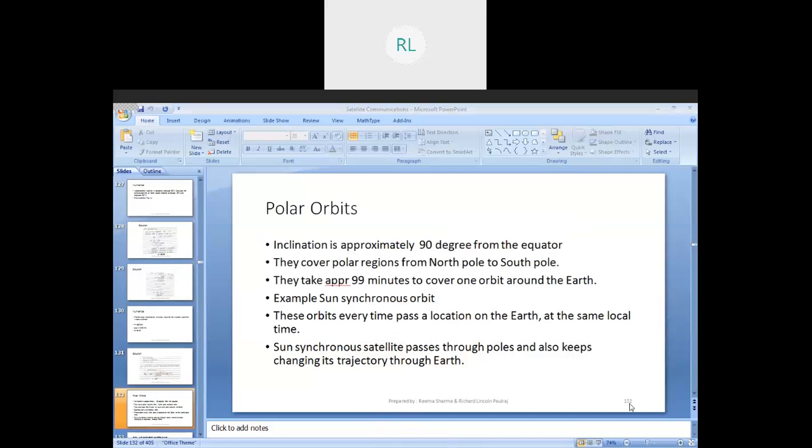Now, was that possible with geostationary orbits? Covering the North and South Pole? Students respond.